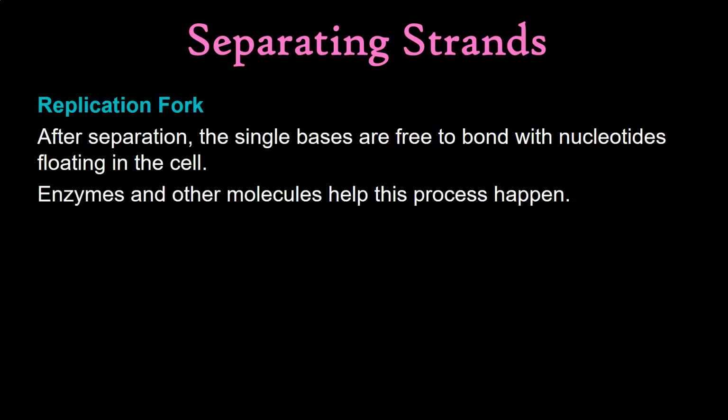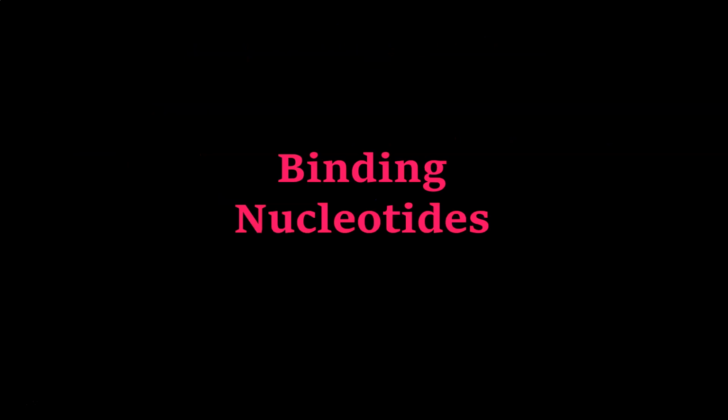But to make that bonding process happen requires some complicated steps and a bunch of other molecules, including a bunch of other enzymes. So we're now going to talk about how those free nucleotides floating around in solution in the cell get bonded together into a new strand.